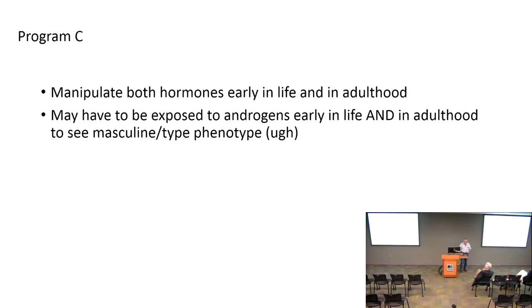And then another possibility is that you do both those things, and it turns out you have to manipulate hormones early in life, and you have to instill the sex difference in hormones later in life. And nobody likes to have more work.